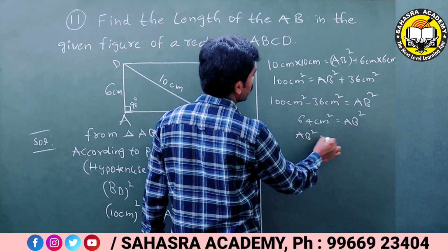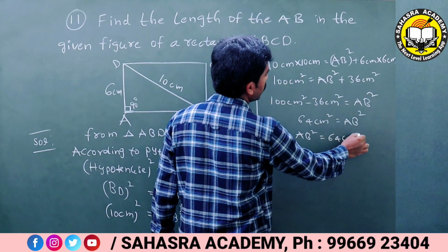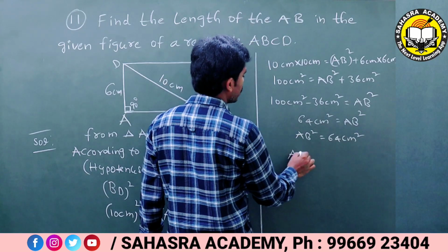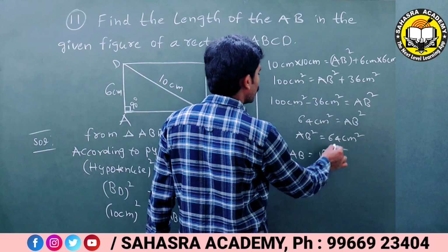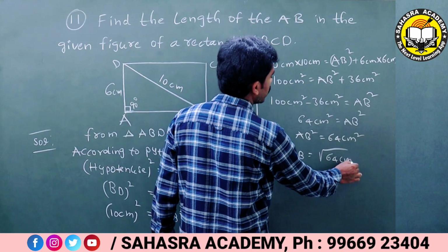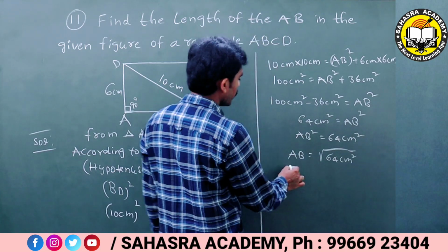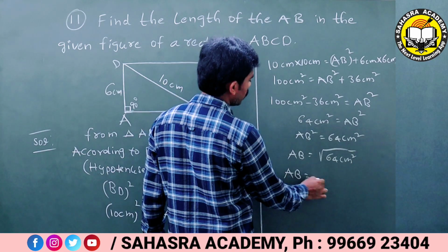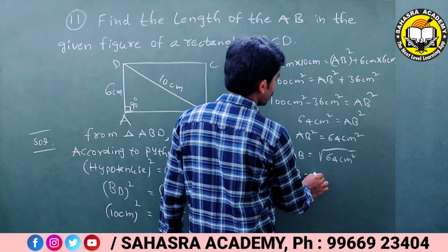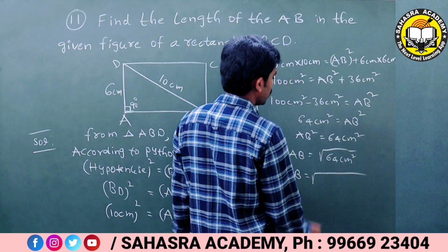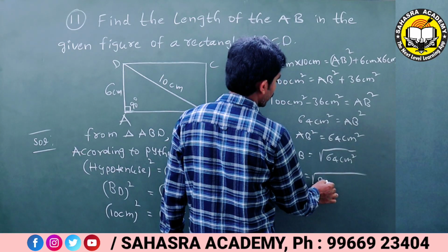So AB square equal to 64 centimeter square. We want only AB, right? So if you transpose the square, it can be written as root of 64 centimeter square. AB equal to square root of 64. So 64 can be written as 8 into 8.